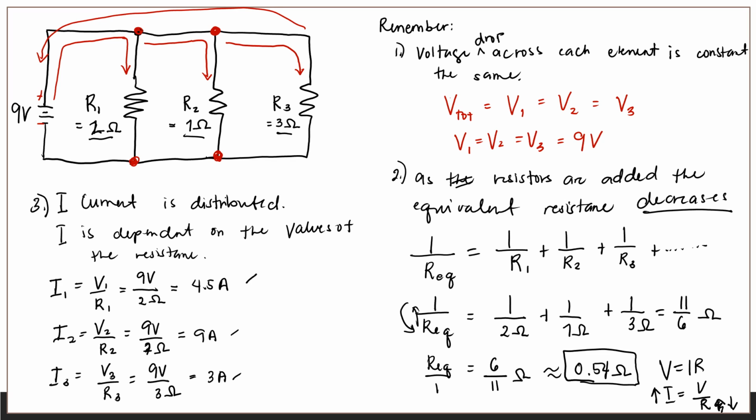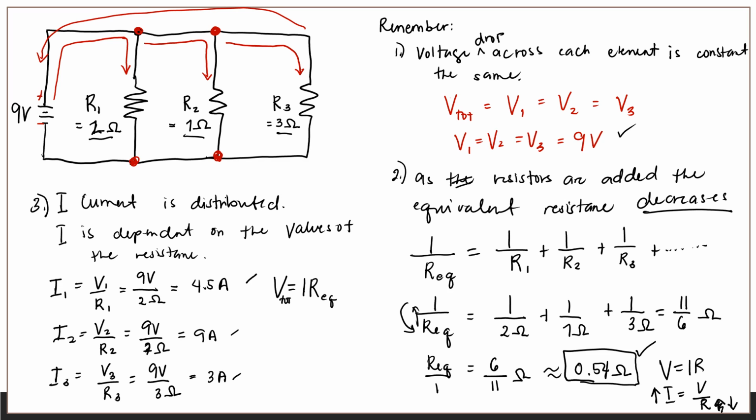So to verify this answer, we could actually use the values that we calculated for the equivalent resistance as well as the total voltage. To do that, you can just simply use Ohm's law. V is equal to IR, where V is the total voltage and R is the equivalent resistance.